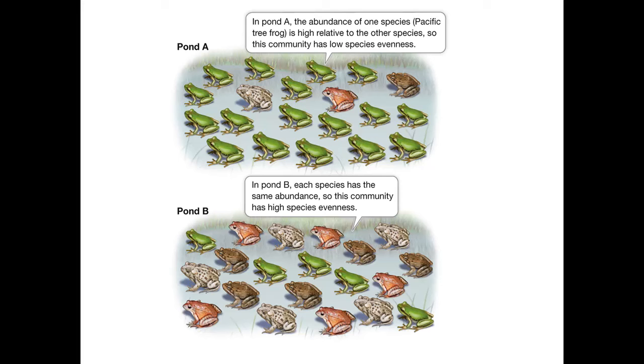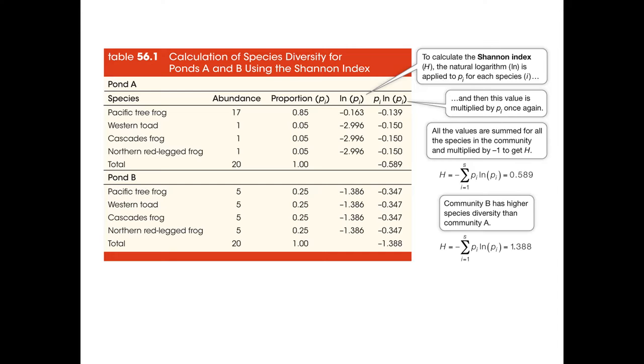So we say a community is more diverse if it has both high species richness and high evenness. We're going to be using a tool in lab called the Shannon Diversity Index, which is a mathematical equation that takes into account both species evenness and richness.